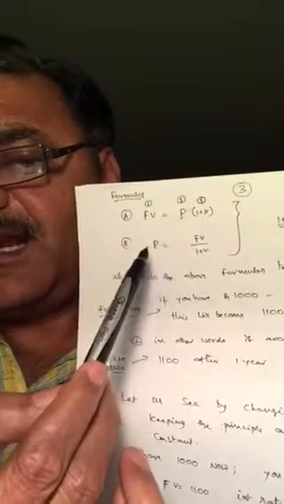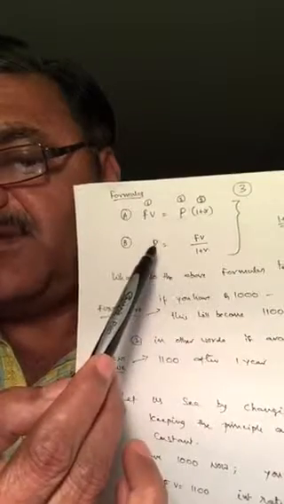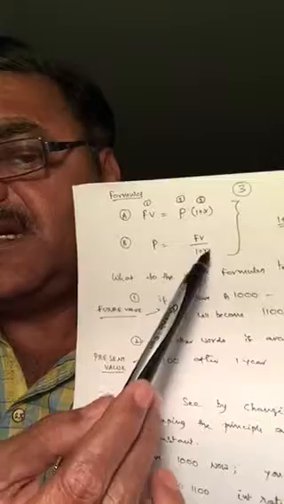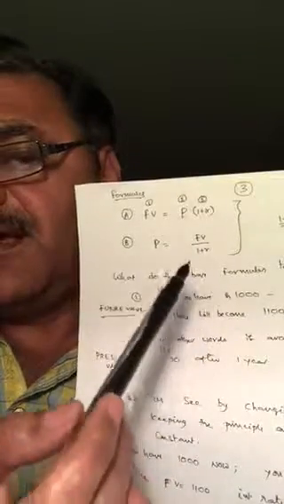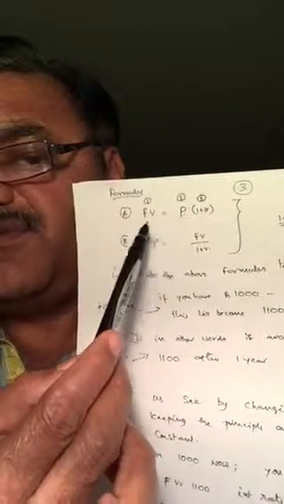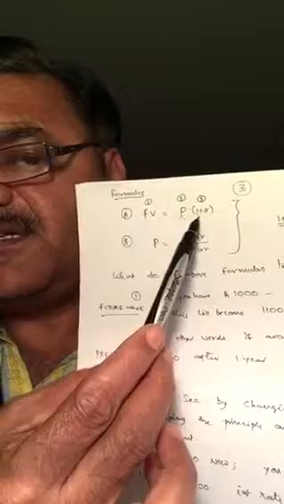We are arriving at the present value if we know the future value and interest rate with the time. So what is happening here? We have future value, we have present value, we have rate of interest.